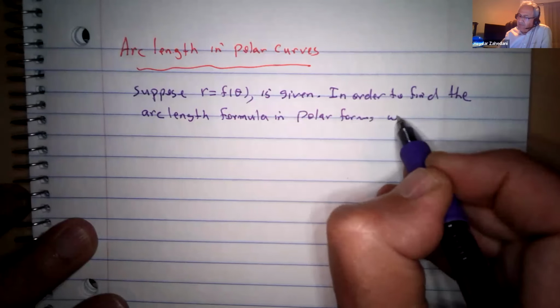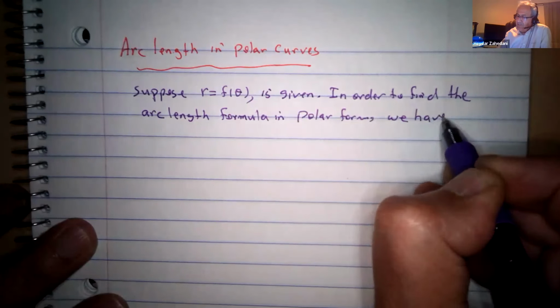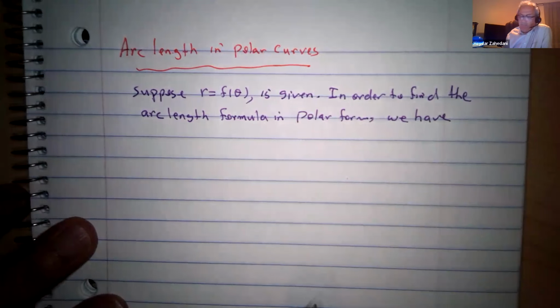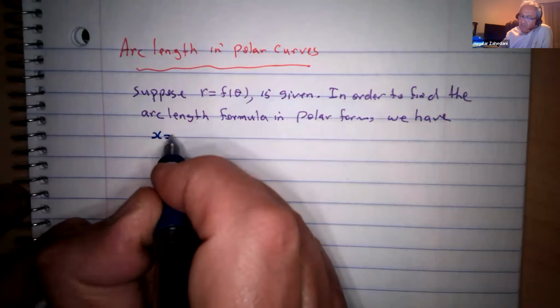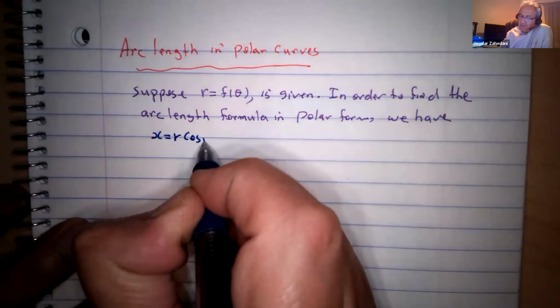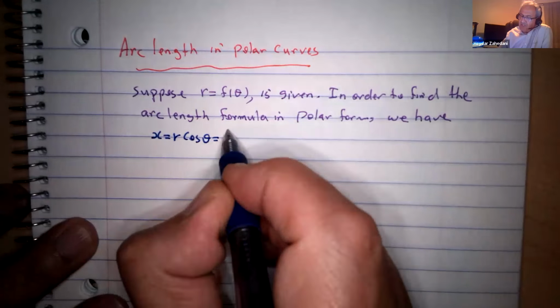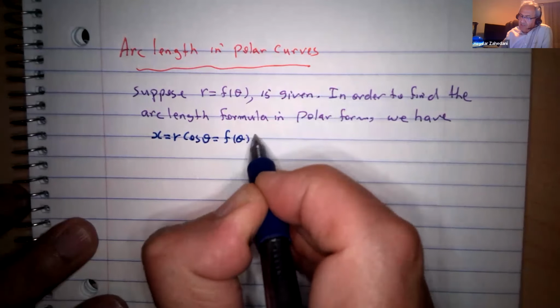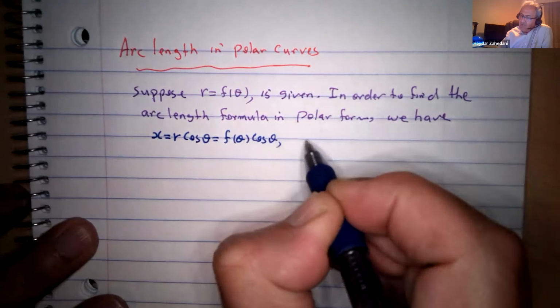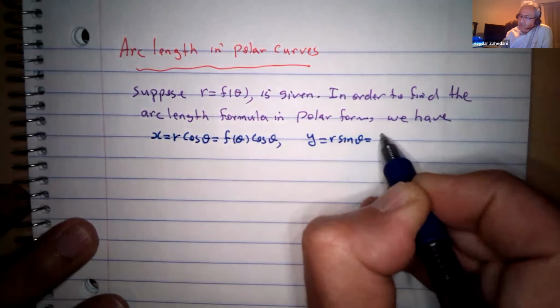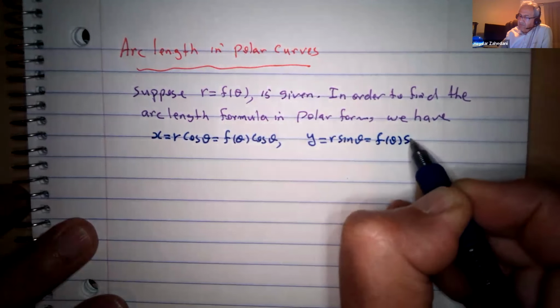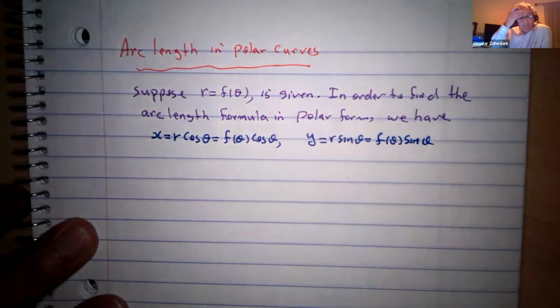Again, you see we have the same thing that we did for the tangent line. You already got it, just repeat it. Remember, x is equal to r cosine of theta. So you substitute for r, so you get f of theta cosine of theta, and y is going to be r sine of theta, which is f of theta sine of theta.